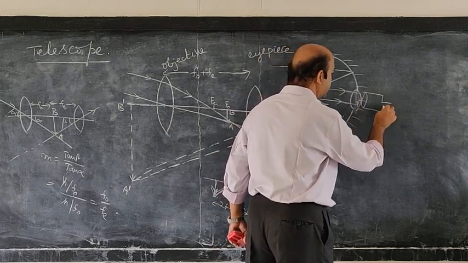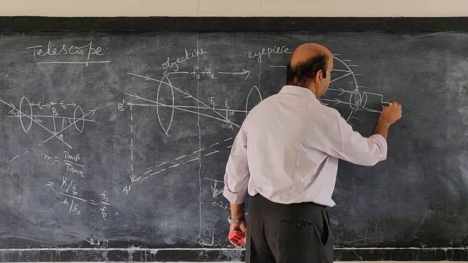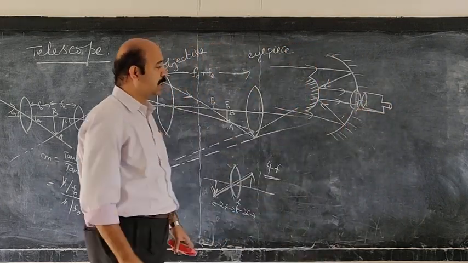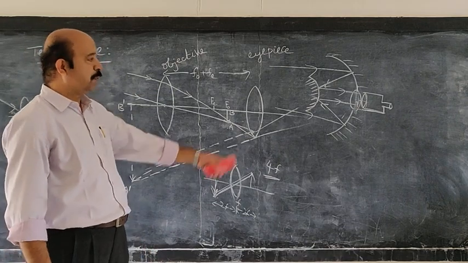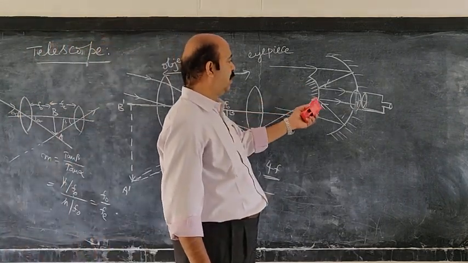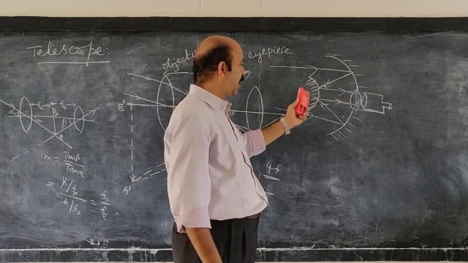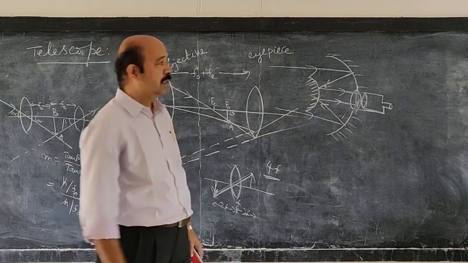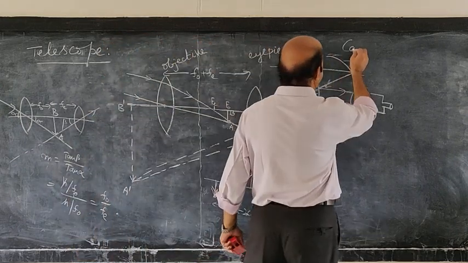Here is an eyepiece. Through this eyepiece, the image of the distant object is observed. So the image formed by reflection at the parabolic mirror and the convex mirror is observed with the help of an eyepiece.